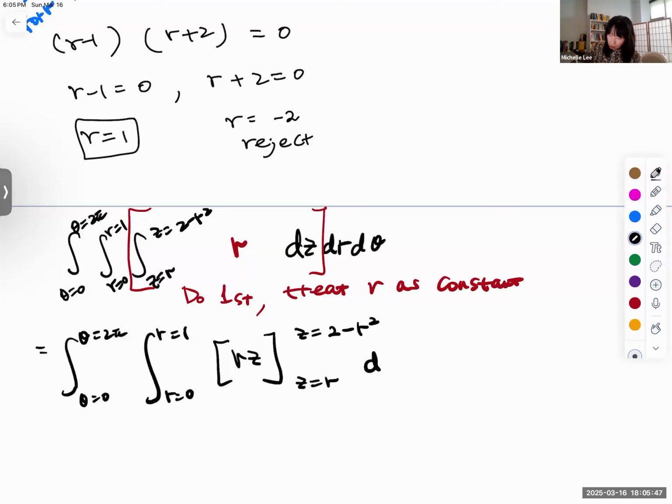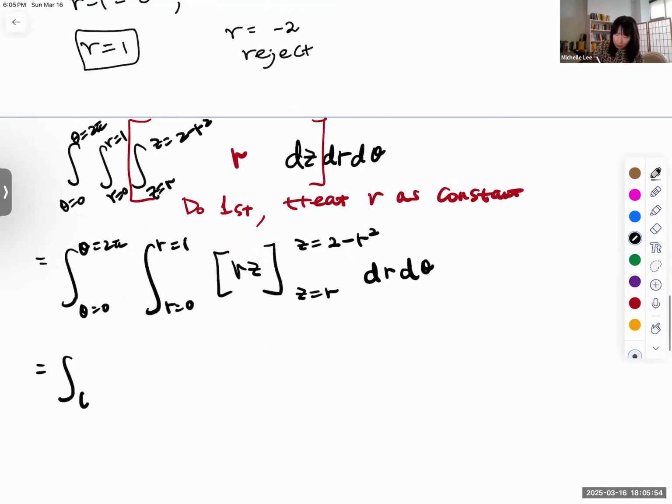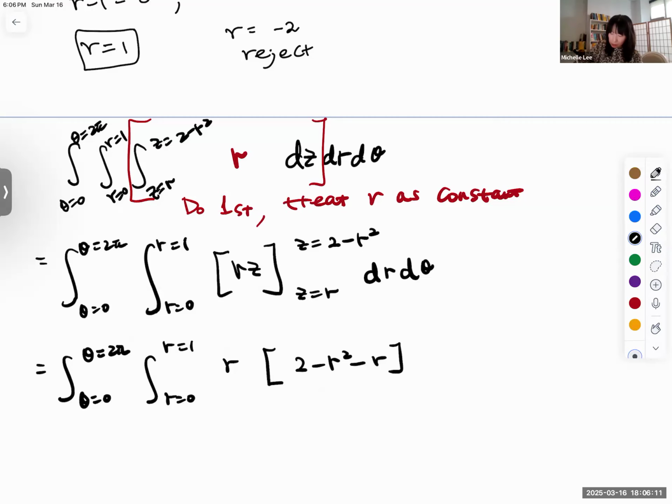Then the r, the theta, right? Okay, so we have theta equals 0 to 2 pi, and r equals 0 to 1. r is constant, and 2 minus r squared minus r there, right? The r, the theta.